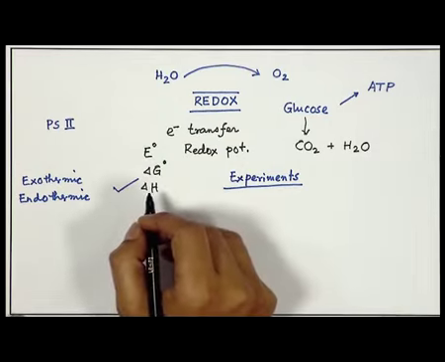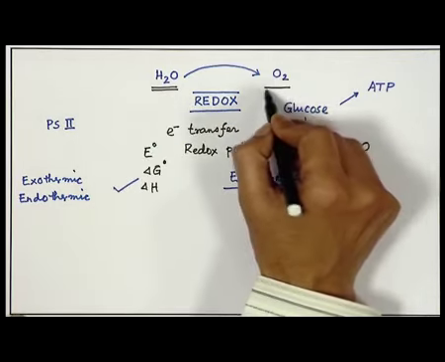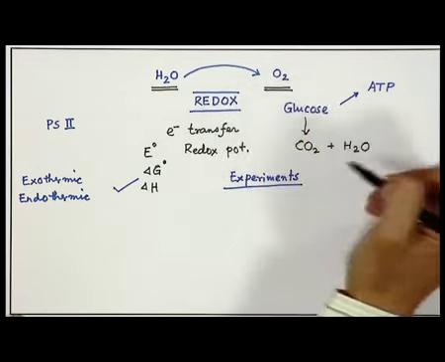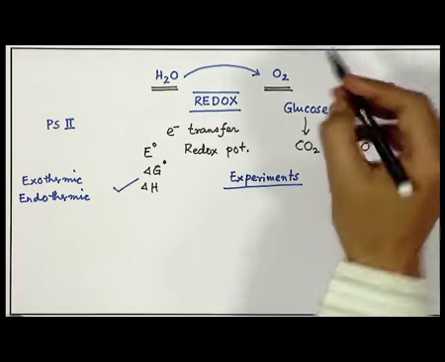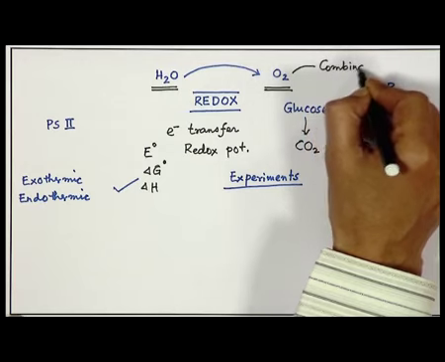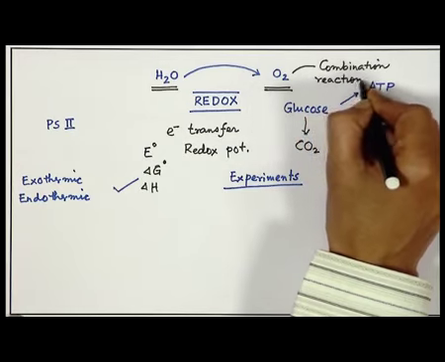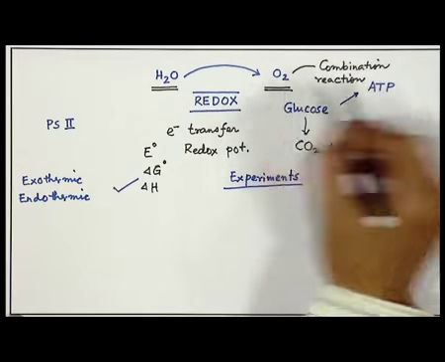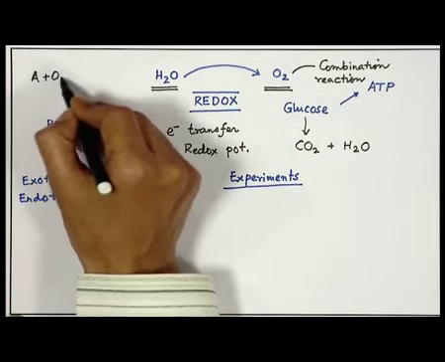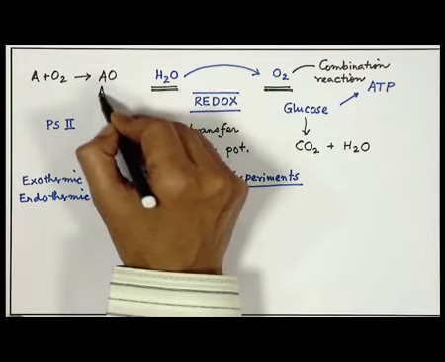So, if we just simply go back to this condition, that means how this water is getting oxidized and how O2 can be reduced or O2 can be utilized for some other purpose, such as that simple combination reaction, where we utilize this for attaching this O2 to some other species, such as A is attaching with O2 forming in some cases AO or AO2.